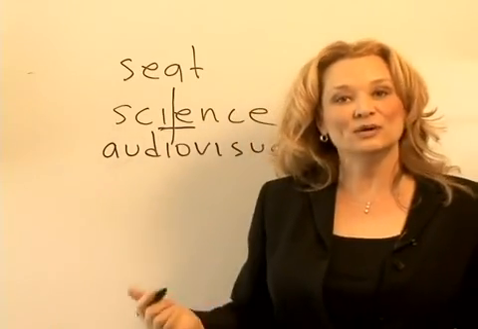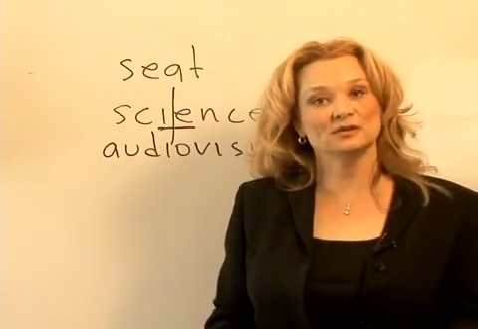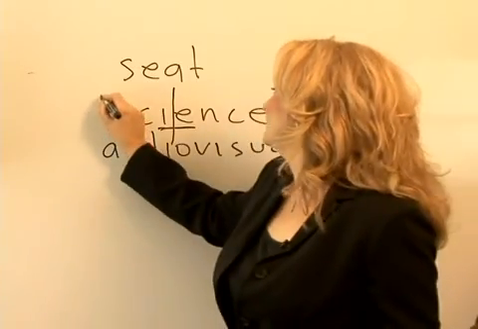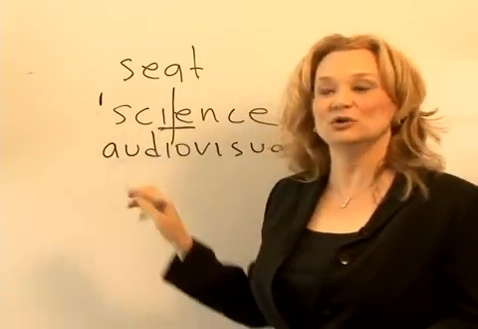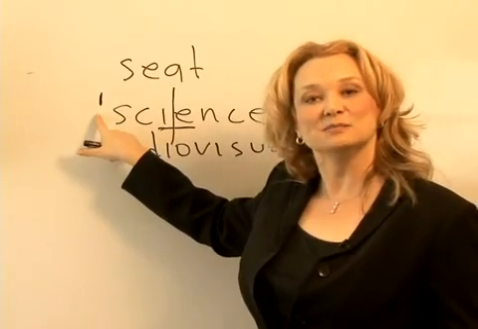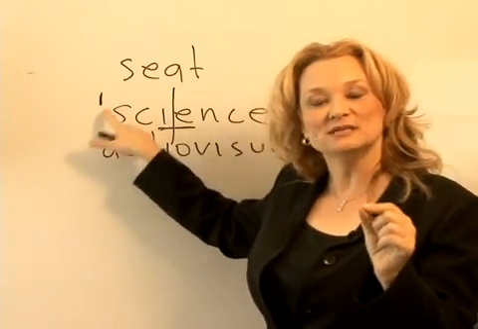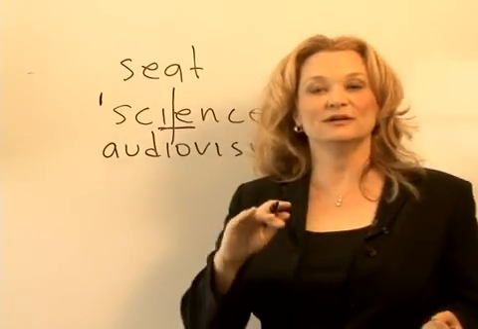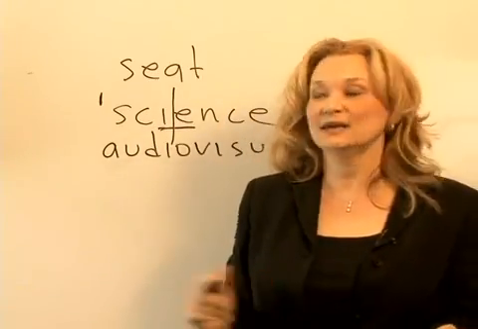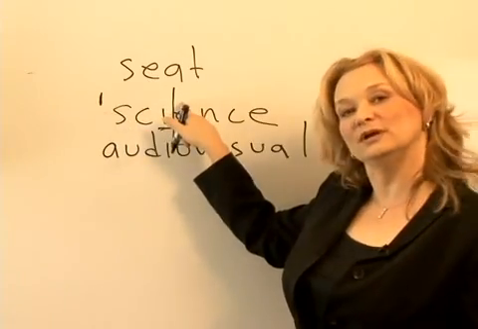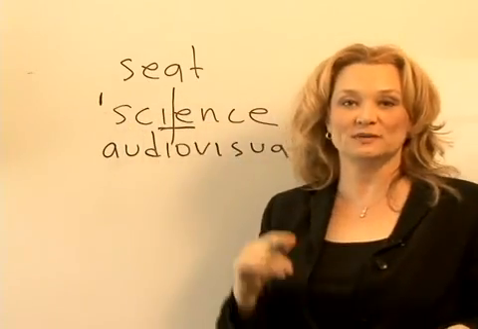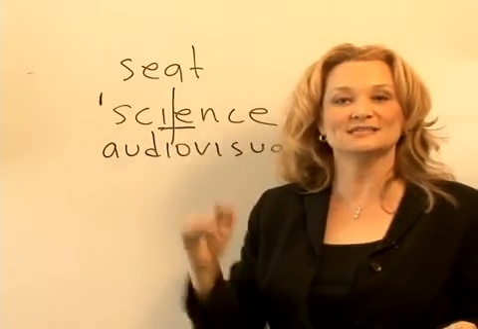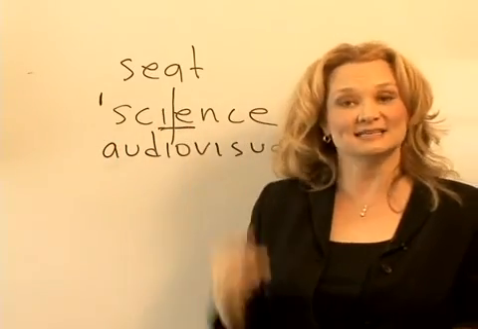In this case, we need to ask ourselves which syllable is stressed. If you look in your dictionary, you will see a little accent mark like this in front of the syllable that should be stressed. In this case, it's the first one. It would be science. If this mark were located over here, the pronunciation would have to be science. And of course, we don't say science, we say science.